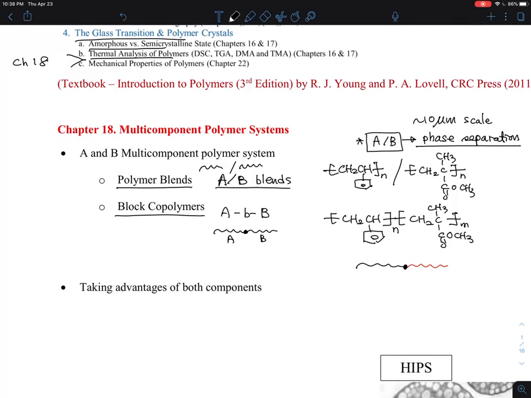That is not going to be useful because optical appearance is one of the criteria. That's why not many AB polymer blend pairs are used in industry.